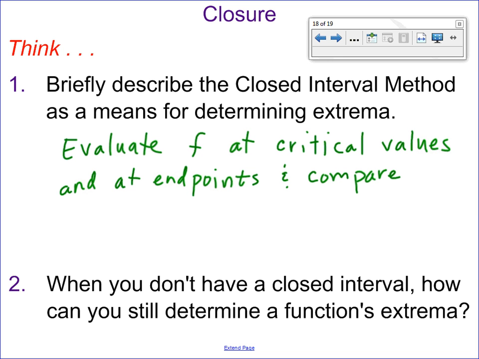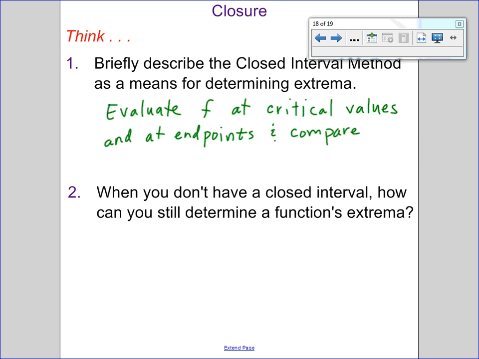When you don't have a closed interval, how can you still determine your function's extrema?